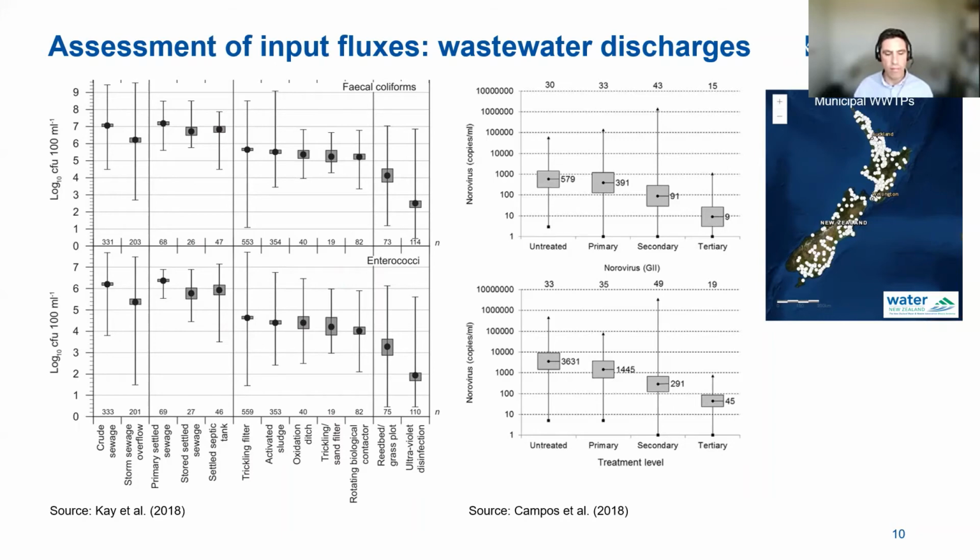Unfortunately, we don't have much peer-reviewed data on common fecal indicator bacteria for a range of effluents typical of New Zealand wastewater treatment plants, or even for septic tank discharges. So we tend to use information from the literature. Also, typical concentrations from diffuse pollution sources are often not available from many areas.